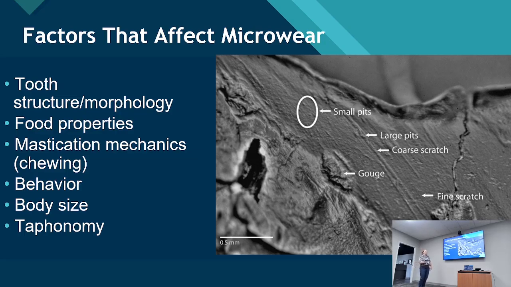So there are a lot of factors that will affect this microwear, whether it's your diet, what you're eating. So if you're a grazer, you're going to be eating a lot more silica-rich grasses, which is going to cause a lot more scratching than if you were eating a nice leafy salad. Other things that can affect this is going to be tooth structure or morphology.